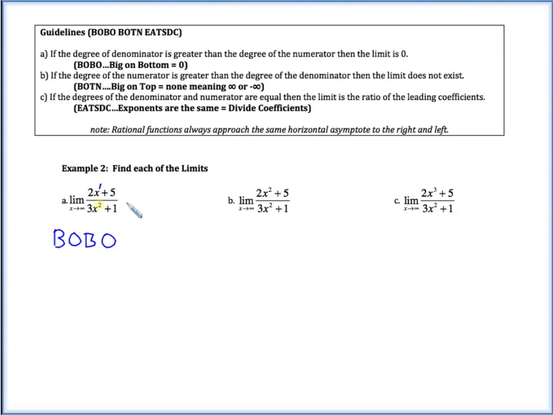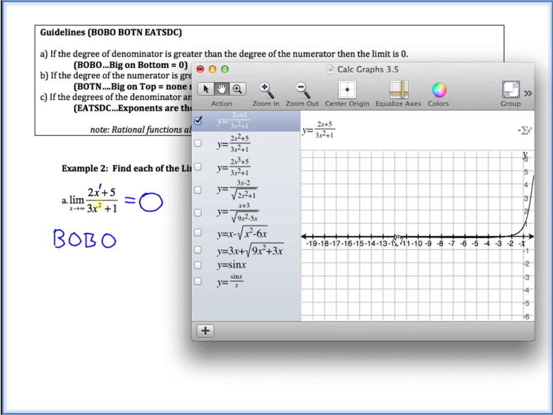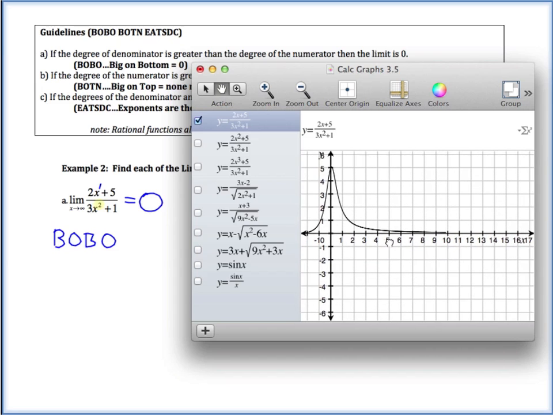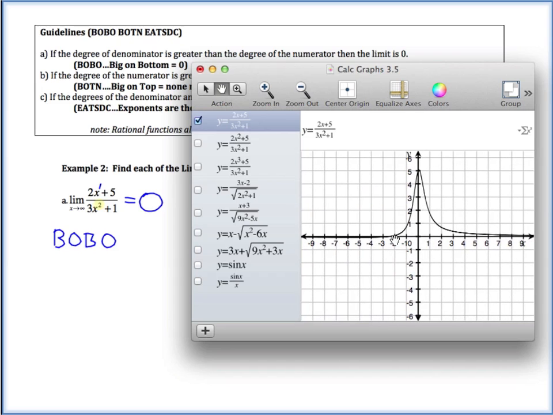So the limit here has to equal 0. Now let's take a look at what that graph would look like. Okay, so here is 2x plus 5 over 3x plus 1. And you can see as we go to infinity or negative infinity that this guy is going to 0. So the graph verifies our answer.